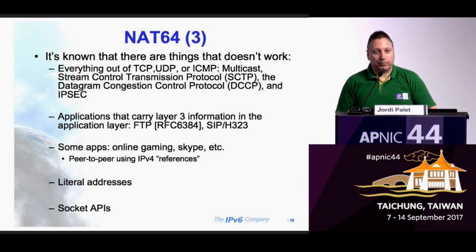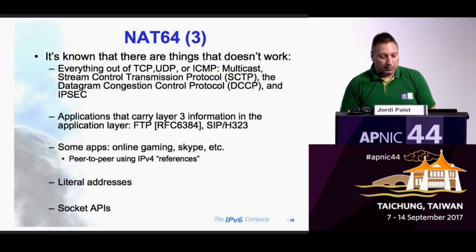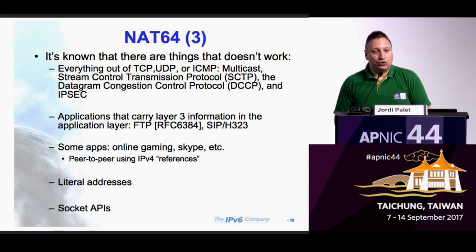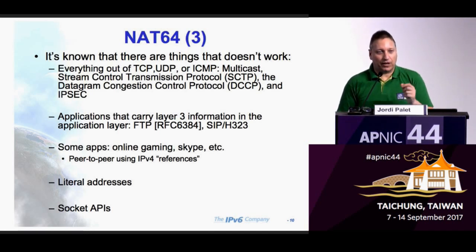However, and this is the important bit here, some applications like online gaming, Skype, in general, whatever application is using IPv4 references for peer-to-peer communication, or any application that is using literal addresses instead of domain names, it uses something like 8.8.8.8, that's wrong.